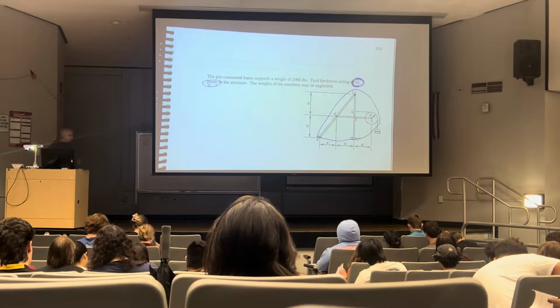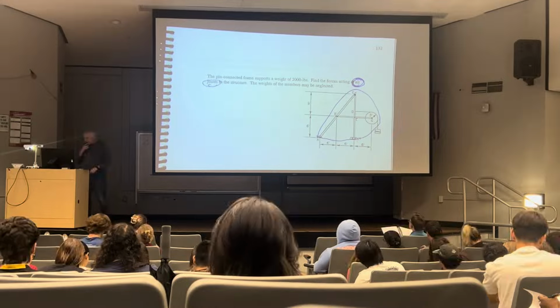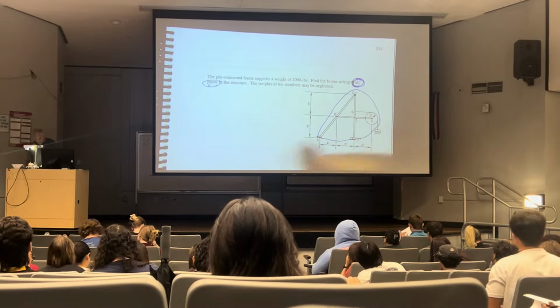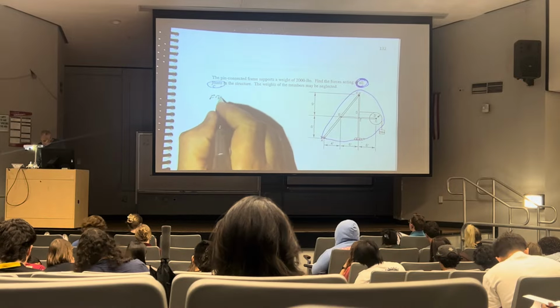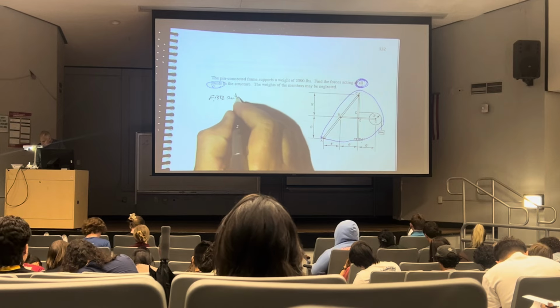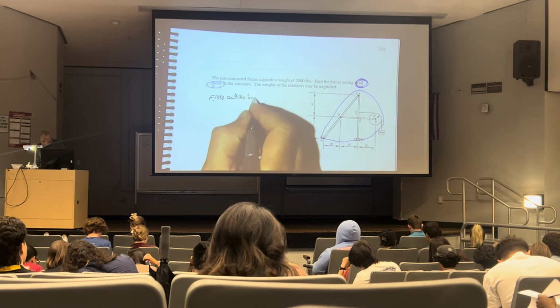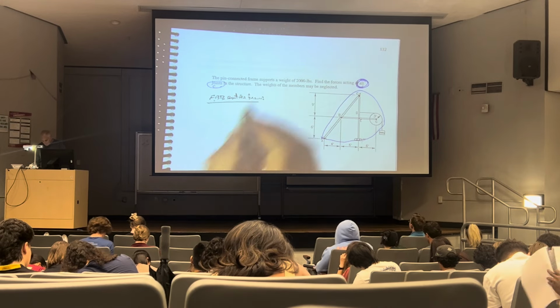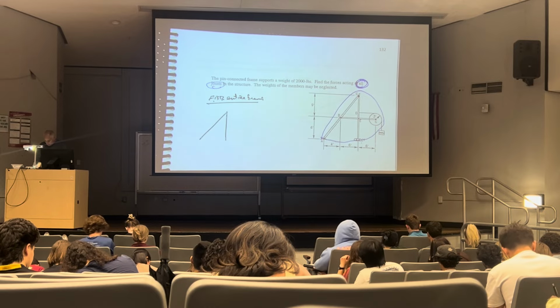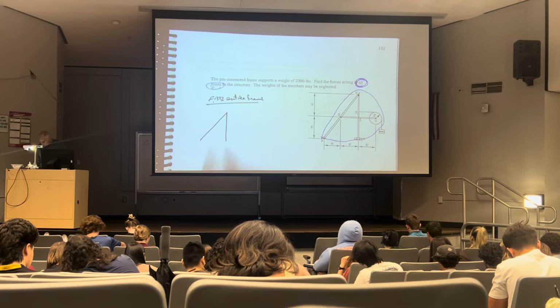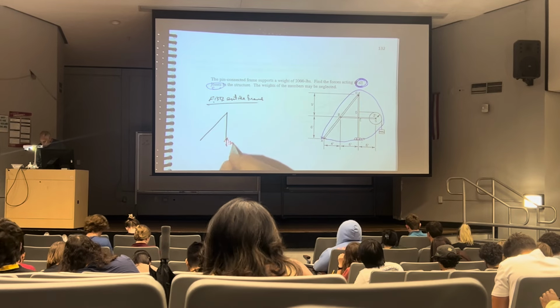Let's go back to this problem. What do I got? Well, I'm going to draw a free-body diagram of the whole entire frame. That looks like this. I've got HY from the roller.